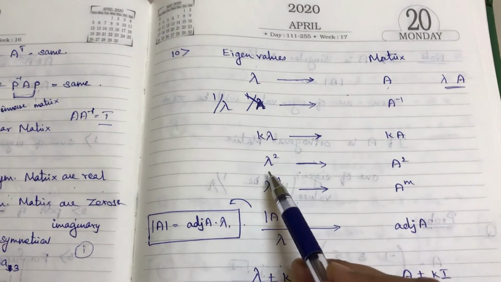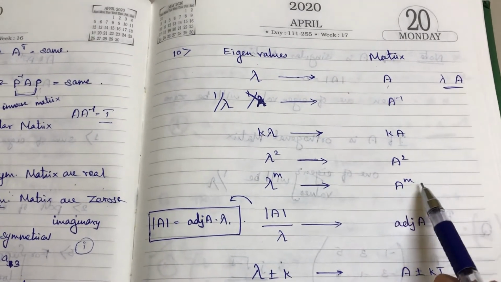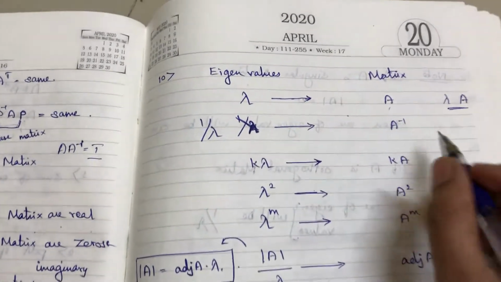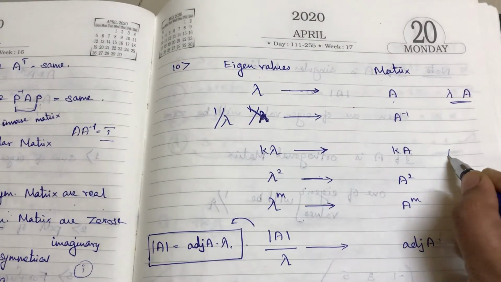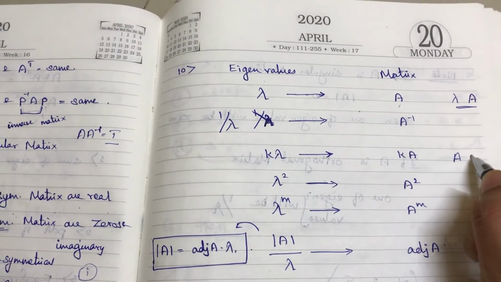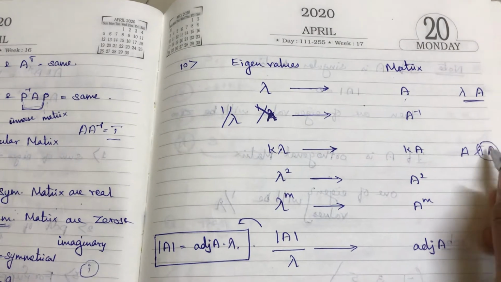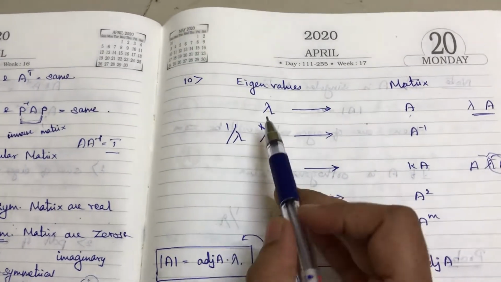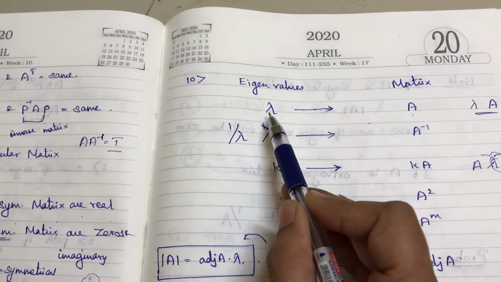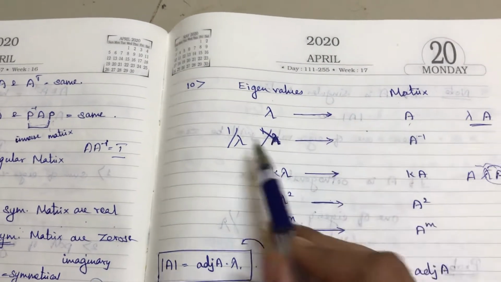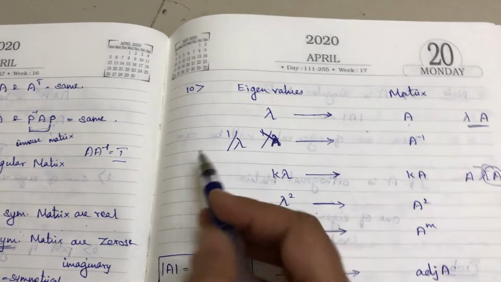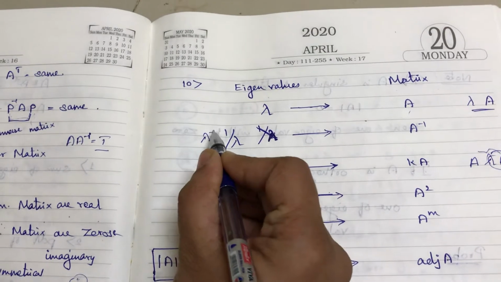A square, lambda square. A power m, lambda power m. The trick is we need to make lambda as A or A as lambda. 1 by lambda is nothing but lambda power minus 1.